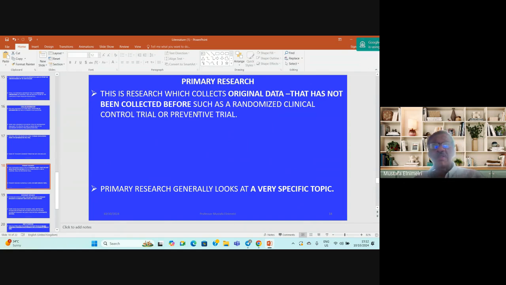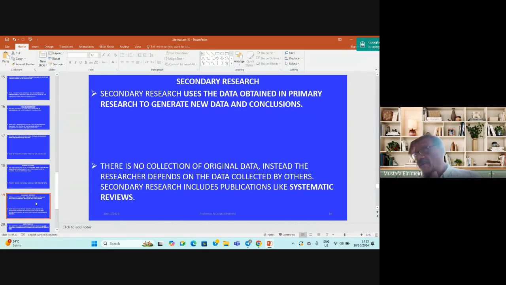For example, a randomized clinical control trial for testing the therapeutic efficacy of a certain drug that can be used as an antibiotic, or a preventive trial, for example, to test to what extent a certain new vaccine can be used for protection against the COVID-19 virus. Primary research usually focuses on a single topic.